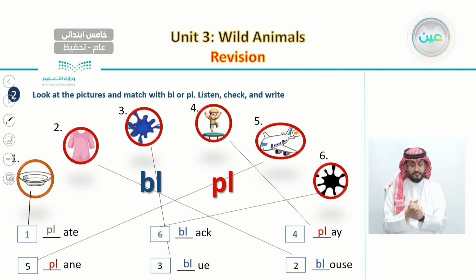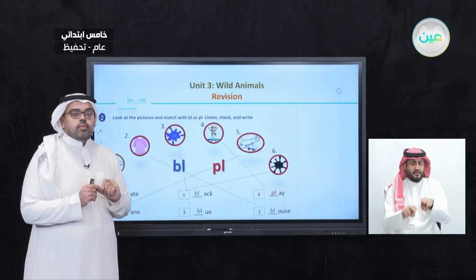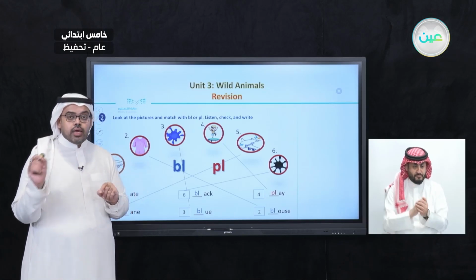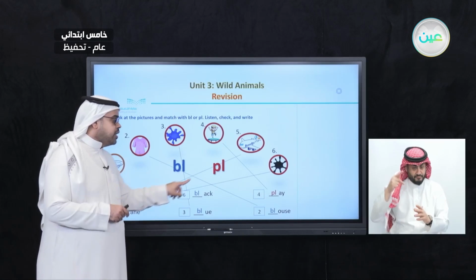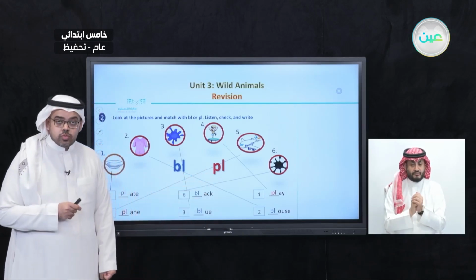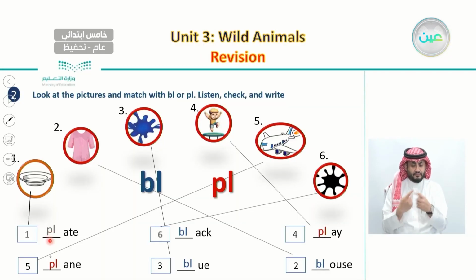So now, just a quick reminder. I'm going to say these words again, and I would like you to listen carefully to the difference between these sounds, between BL and PL, BL and PL. And I would like you to say it with me. As we said, the first word starts with the PL sound, as in plate, plate.